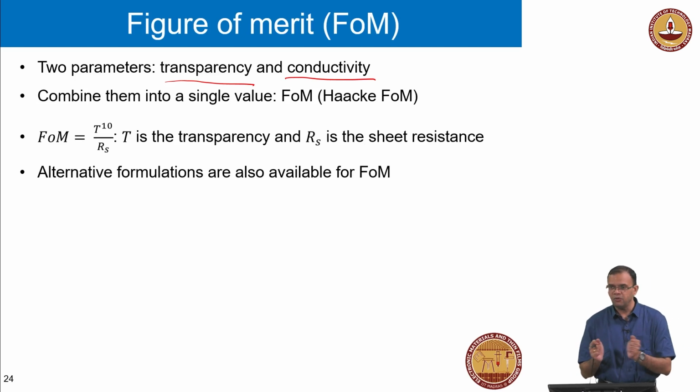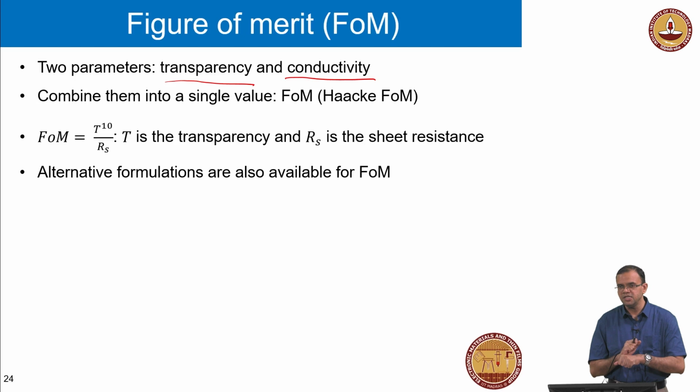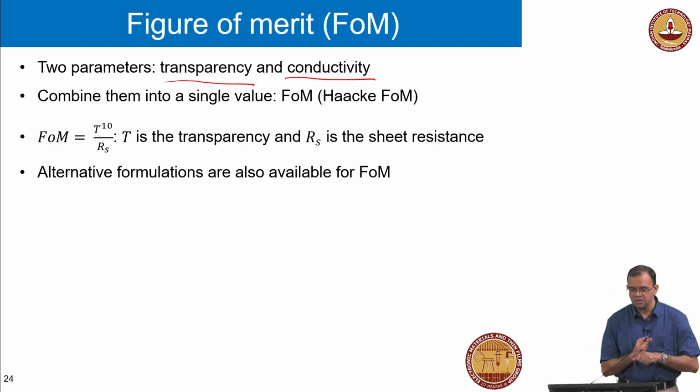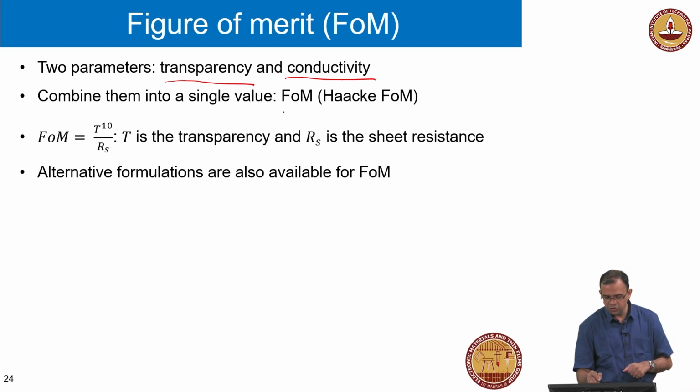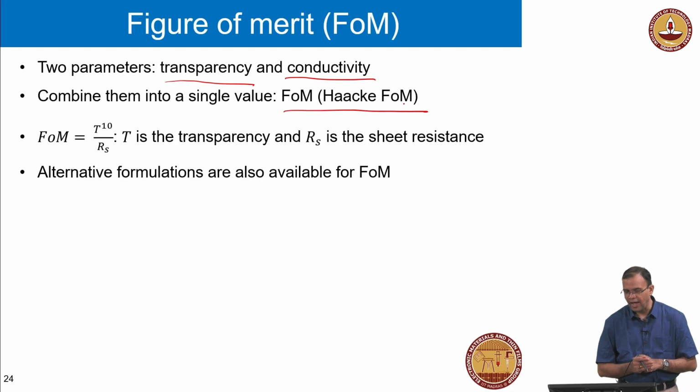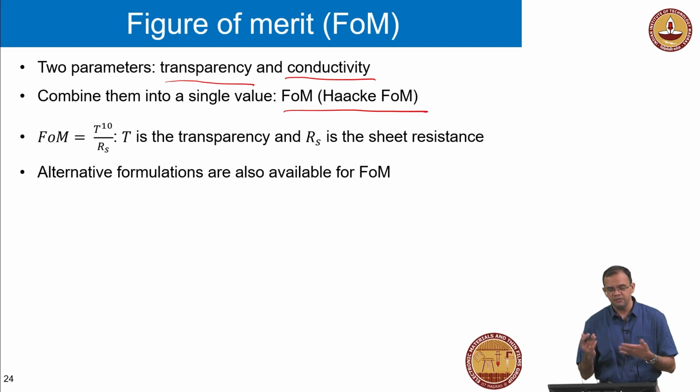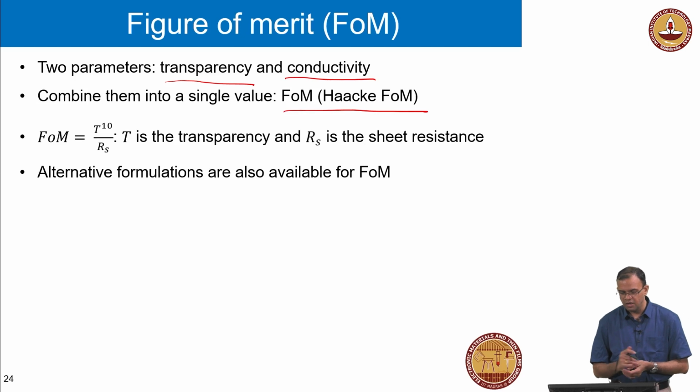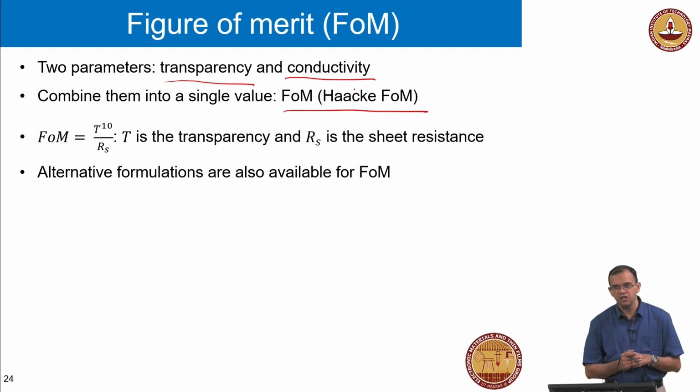Normally we want to combine both of these into a single parameter. The most commonly used parameter is called the Haacke figure of merit. Haacke is just the name of the person who came up with this. There are other formulations also available, and recently we have been seeing groups that use some of these other terms, but essentially the Haacke figure of merit is probably still widely used.